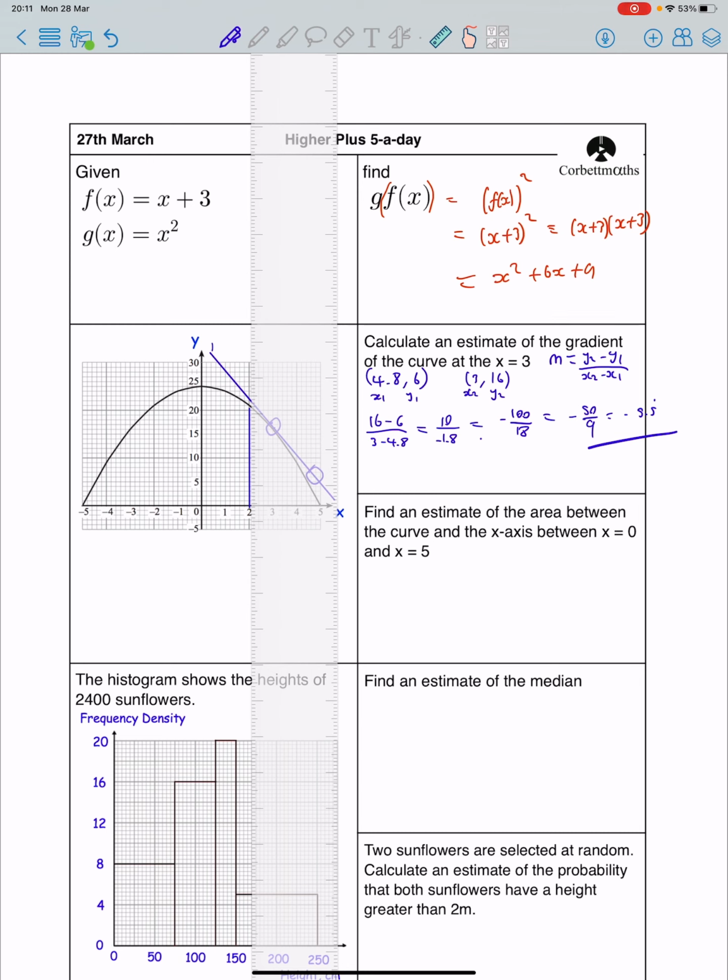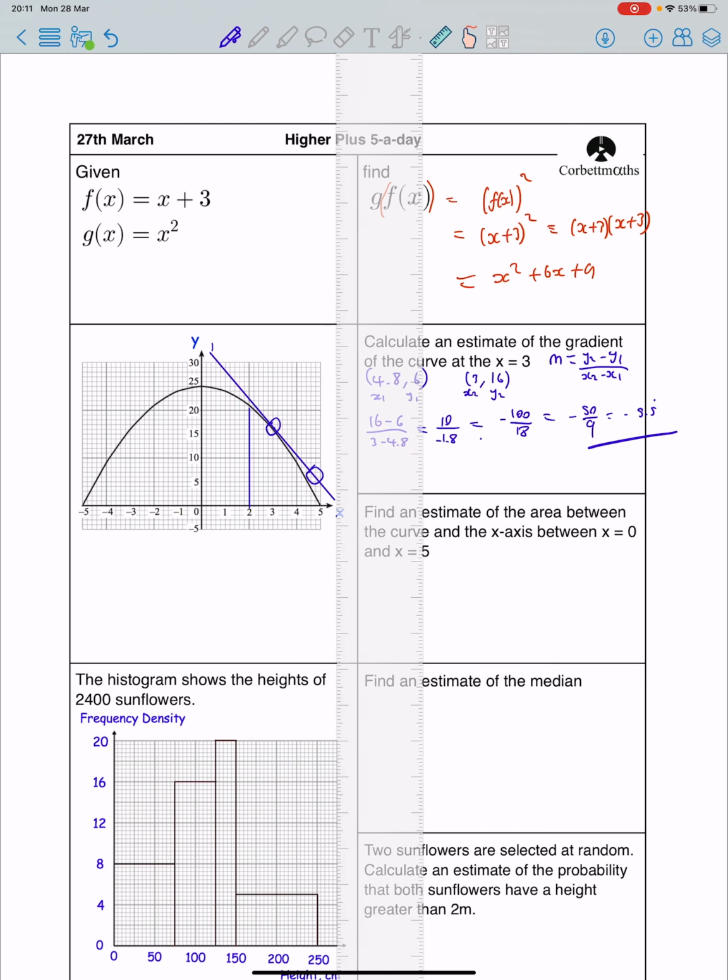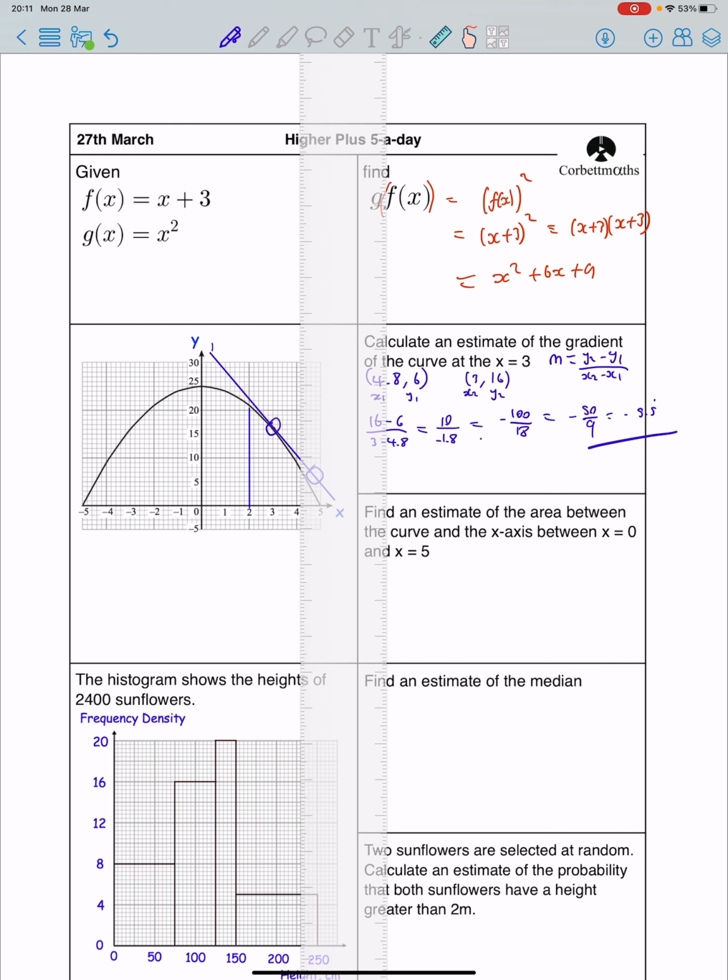So there's one there, one trapezium. And I'm actually going to do another trapezium, a little one over here. So I've got two fairly big trapezia and I've got a smaller one.